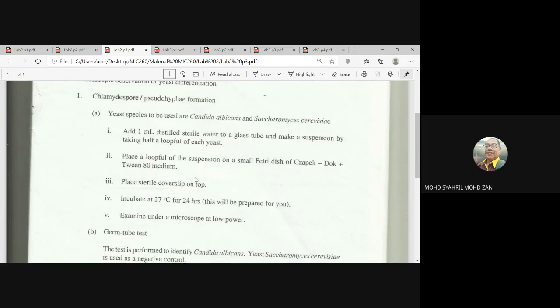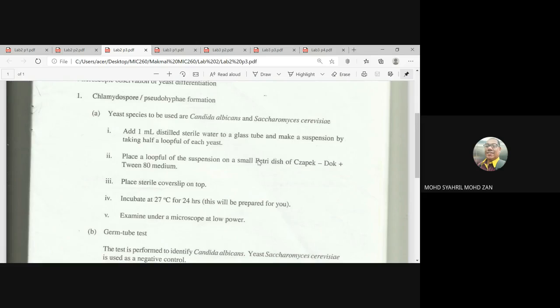So cara dia, awak ambil cover slip, awak ambil slide, letak sedikit air atas tu, okay. Lepas tu ambil loop of suspension yang kita tumbuhkan kita punya Candida albicans dan juga Saccharomyces cerevisiae tu dekat dalam plate tu. So kita ambil loop tadi tu, kita slide je atas kita punya sampel tu.